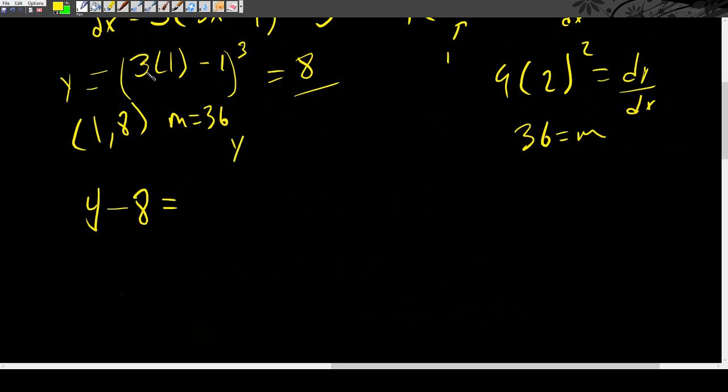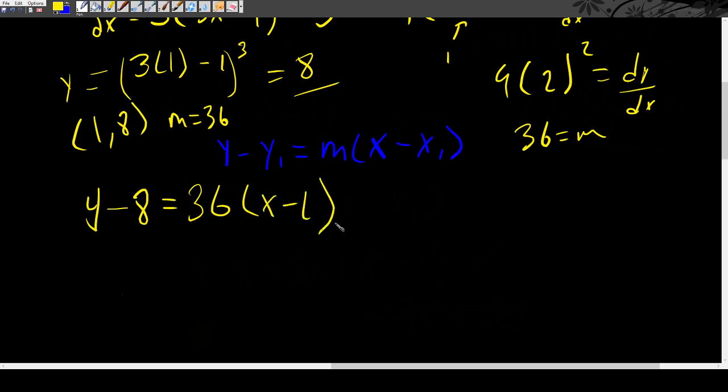Point-slope form, by the way, if you don't know it, let me write this in a different color, is y minus y1 equals m times x minus x1. So the y1 and the x1 signify your coordinates. Essentially, it's saying y minus my y coordinate equals my slope times x minus my x coordinate. 36 times x minus 1.